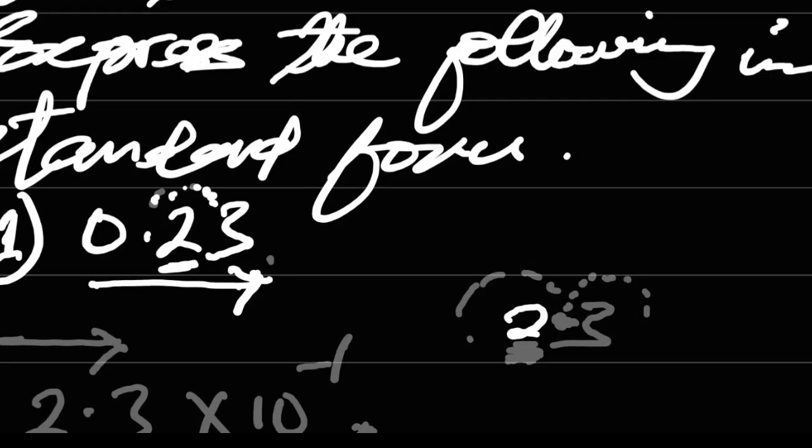If it is a large number like 23, the decimal will cross this way. But now that the decimal is behind it, it has to cross this way because all decimals have to be here. First significant figure, then decimal. That's the rule. Now that we're dealing with a small number, we're crossing this way, and we're crossing only once.